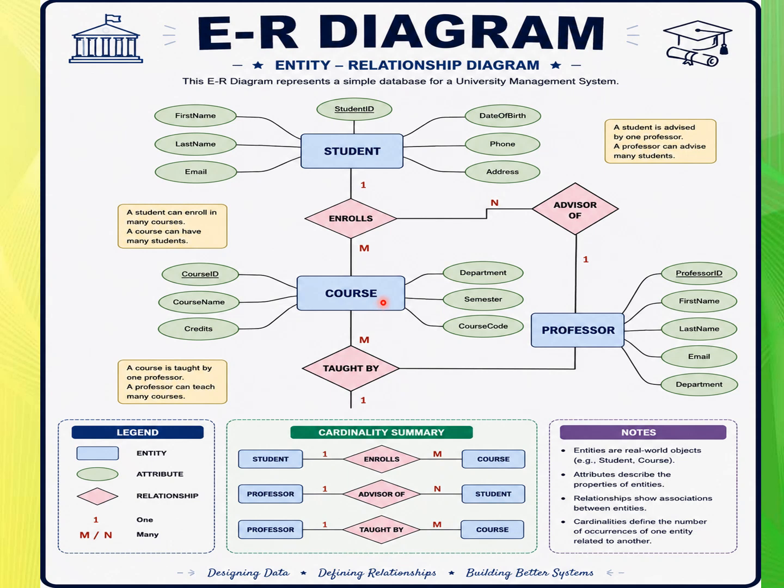The attributes of course entity are course ID, course name, credits, department, semester, and course code. The attributes of professor are professor ID, first name, last name, email, and department.